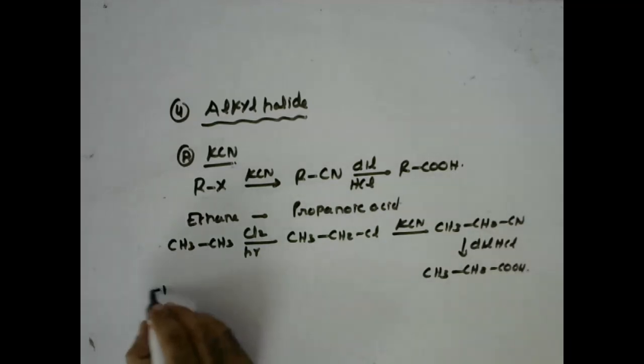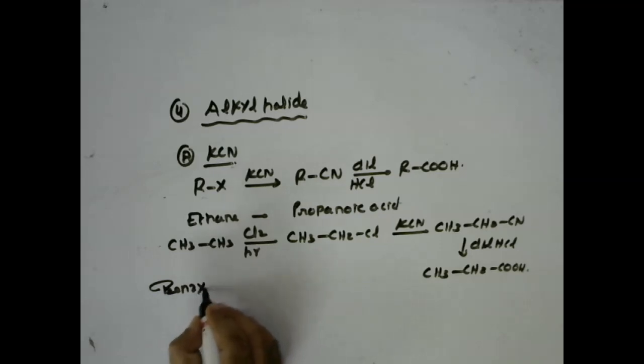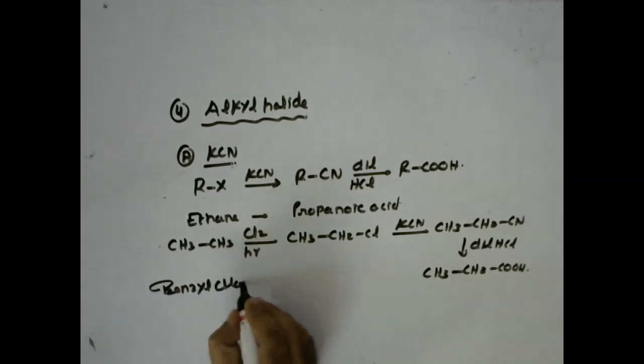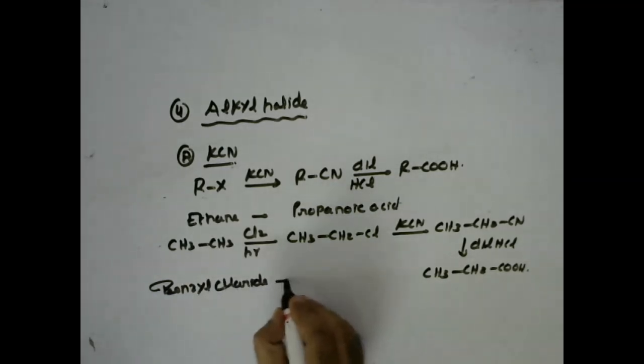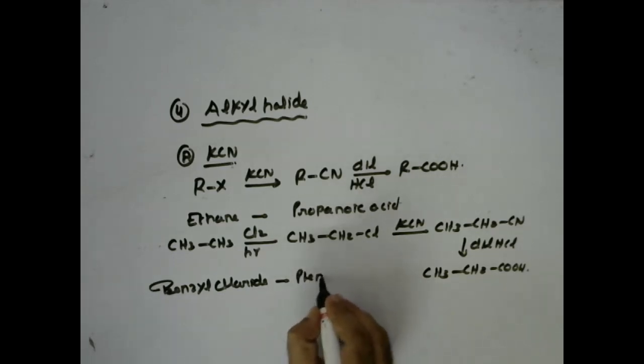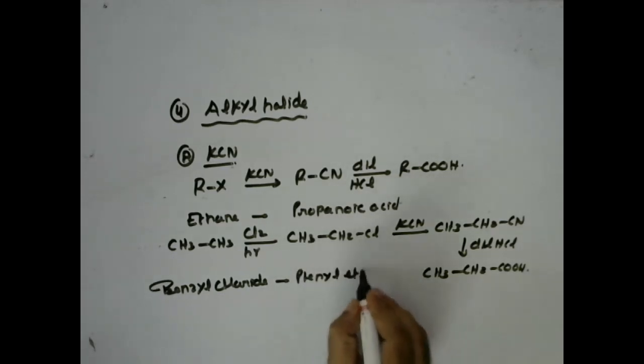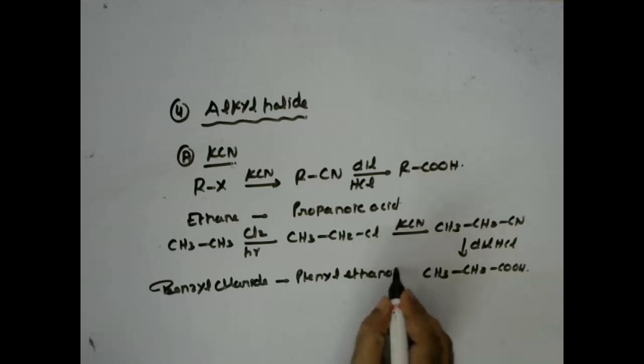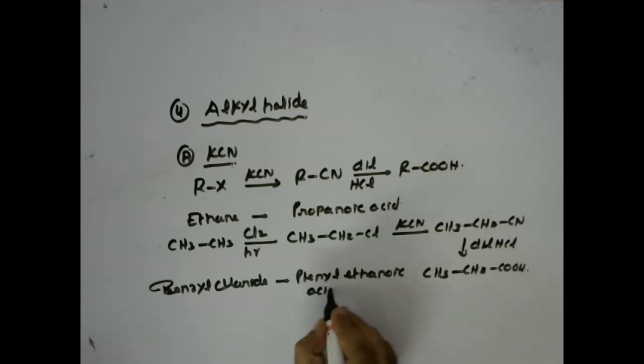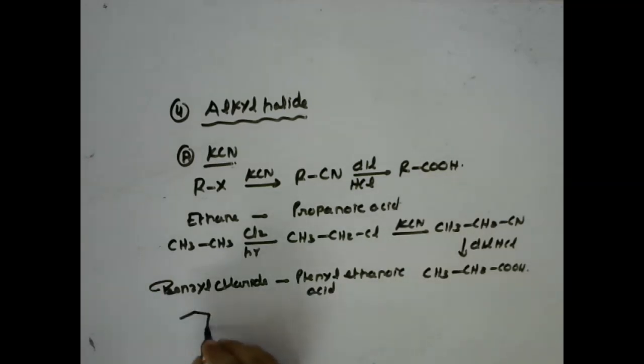Let's see one more example. For example, we need to convert benzyl chloride into, let's say, phenyl ethanoic acid. Now you know what benzyl chloride is? It is benzene with CH2Cl.